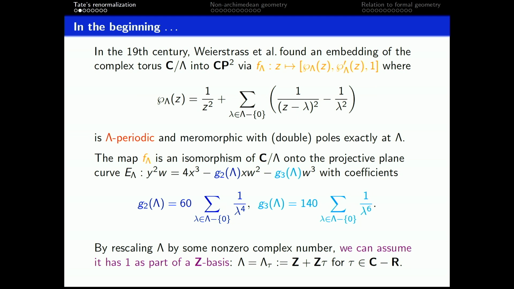And of course, if we change the lattice by scaling by a suitable non-zero number, then we can arrange that 1 is part of a Z-basis, so we can write the lattice in this form for some non-real complex number tau. In particular, the lattice is unaffected if we replace tau with tau plus 1.